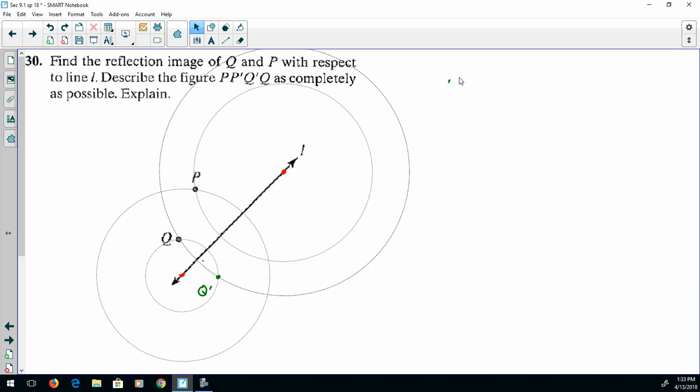Okay, so there's the reflections. Now, describe the figure P, P prime, Q prime, Q. Okay, so let's draw some segments. P to P prime to Q prime, Q prime to Q, and Q to P. So take a look at this green figure here. What does that look like to you?